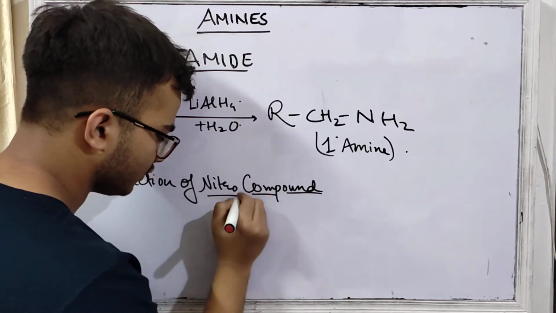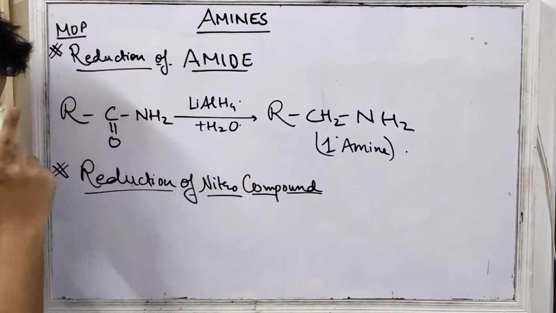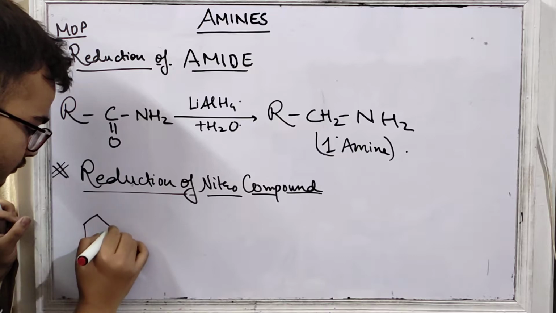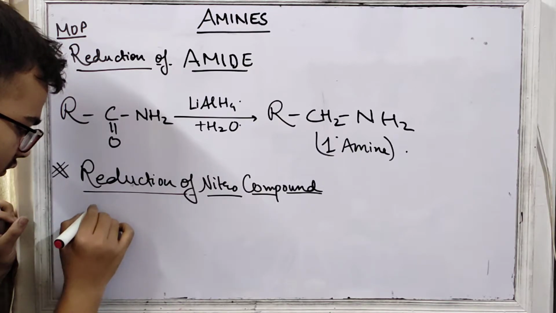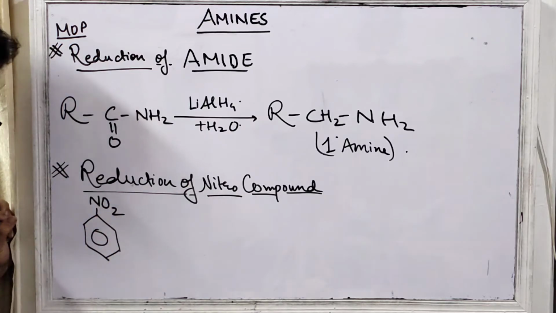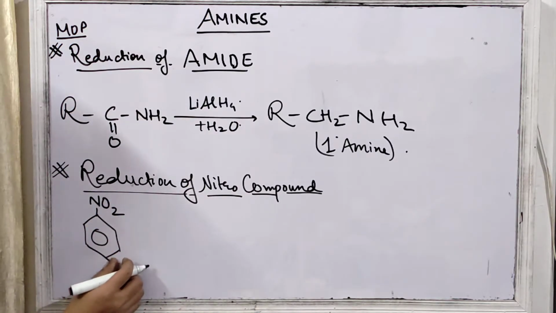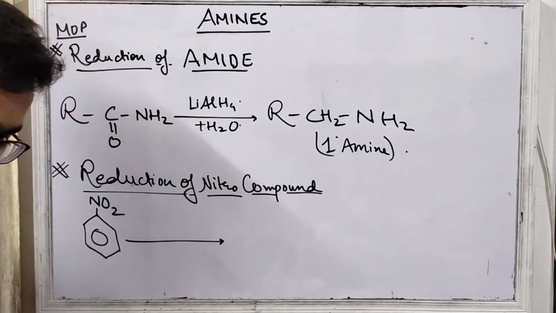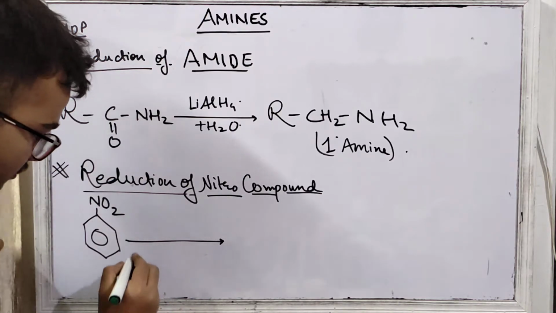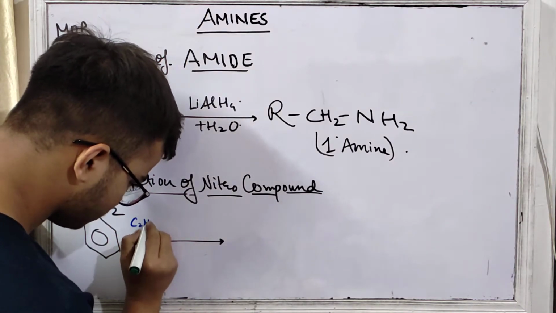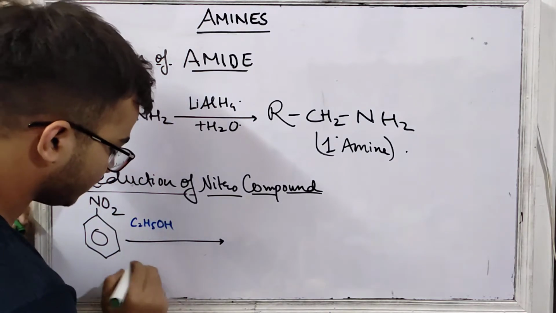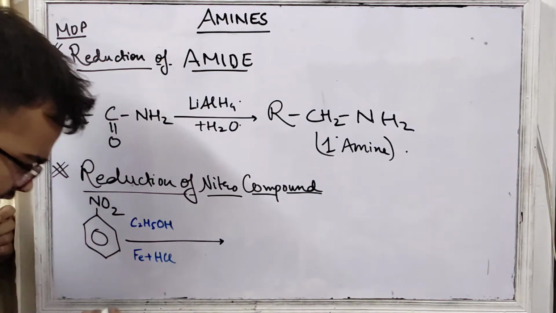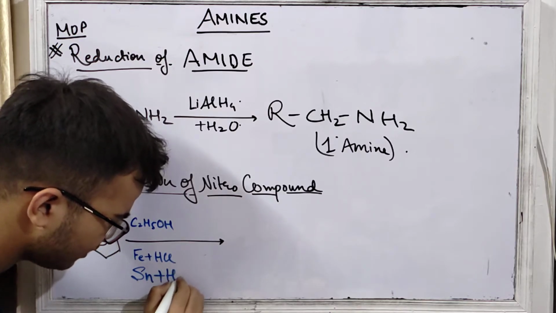Okay, so what happens in the reduction of nitro compounds? Let us see now. We take a nitro group compound, such as nitrobenzene. Clear? This is the nitro compound. Now if you want to perform reduction, you can take ethyl alcohol, C2H5OH, or you can take Fe plus HCl, or you can take Sn plus HCl, any of this.